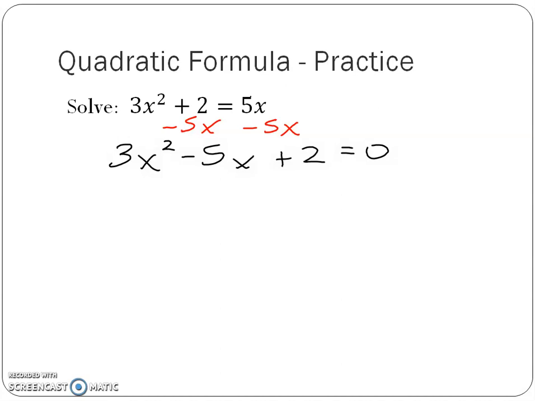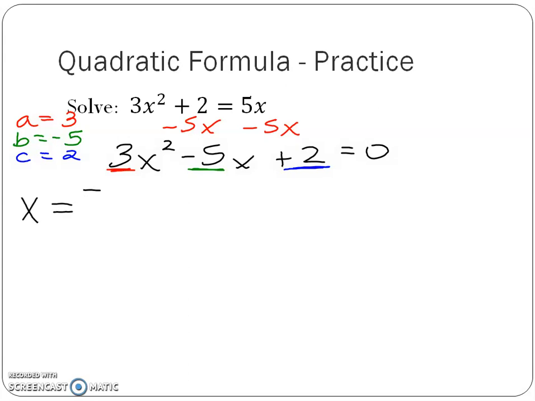Okay? So my a value is the number in front of the x squared. So my a will be 3. B value is the number in front of the x. So my b is going to be negative 5. My c value is my constant term. So c is 2. So I'm going to recall my quadratic formula.